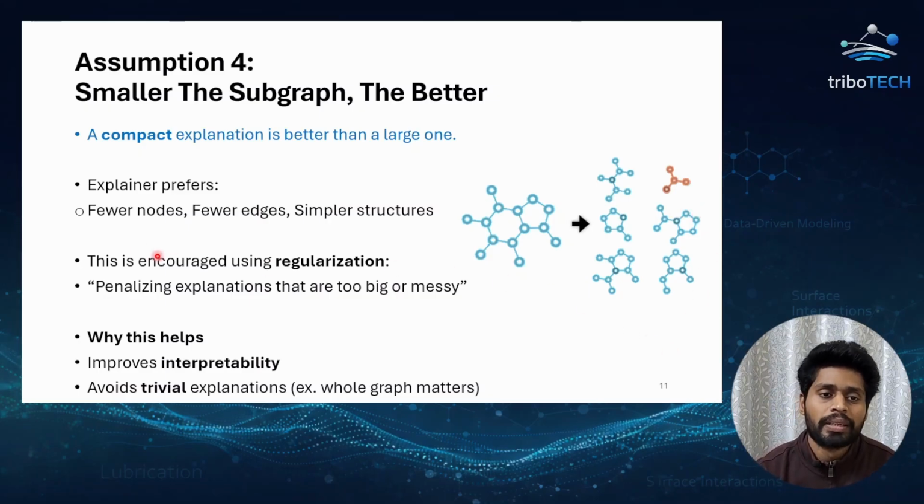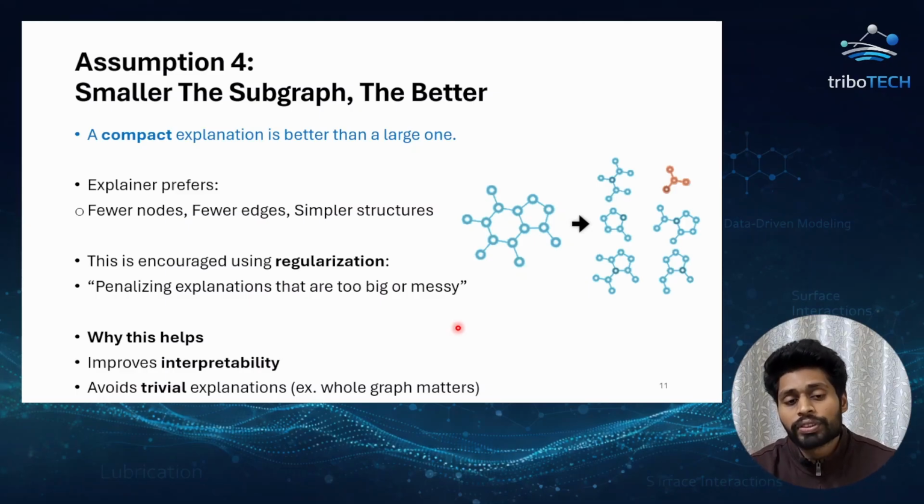The explainer prefers fewer nodes, fewer edges, and simpler structures. This is implemented using regularization, which penalizes explanations that are too big or messy. What this assumption does is improve the interpretability of the model.